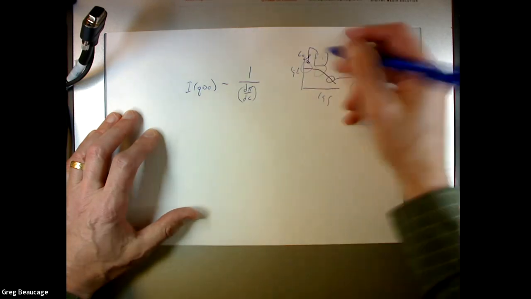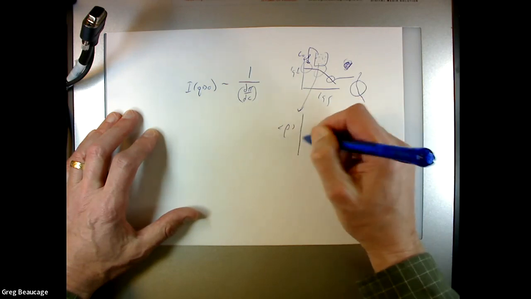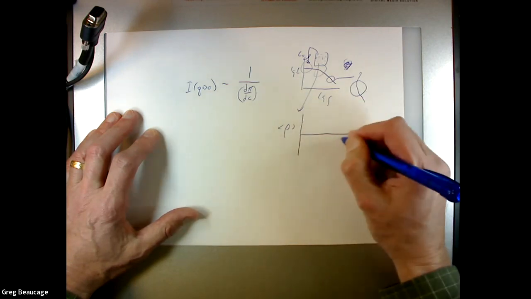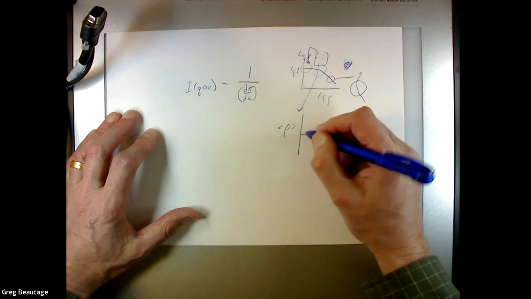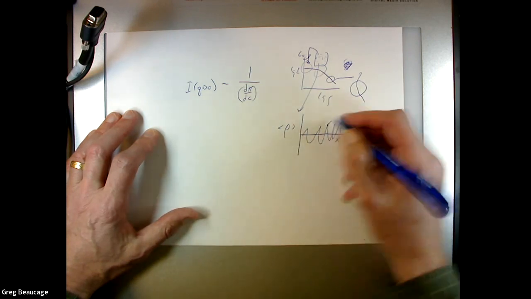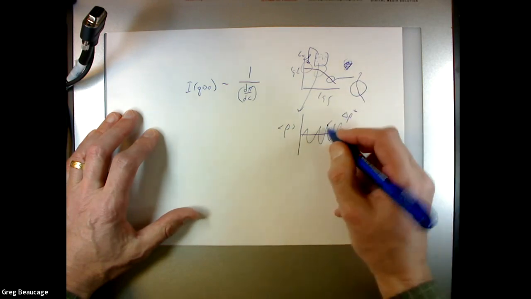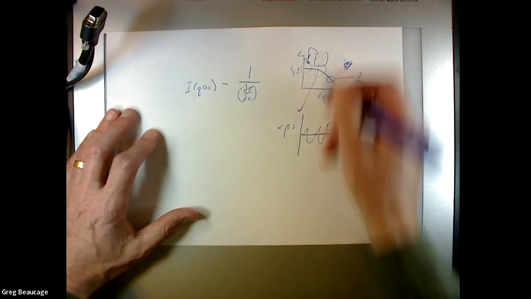So if you plotted the average density versus position, that's fluctuating. And it's those fluctuations that give rise to this delta rho squared, the density difference between the spots and the material.